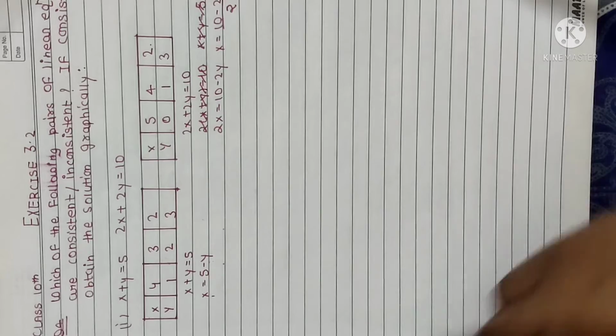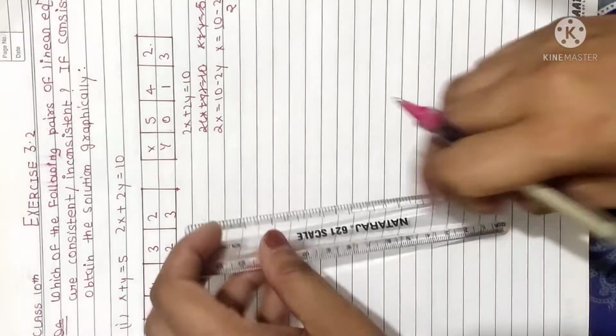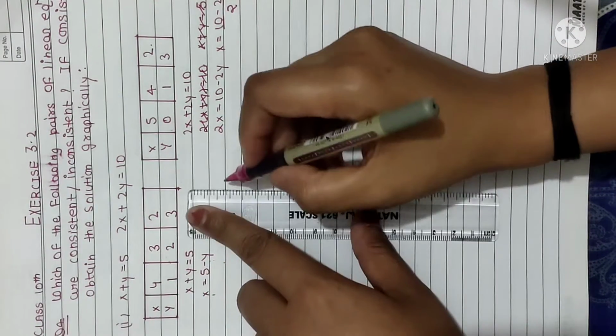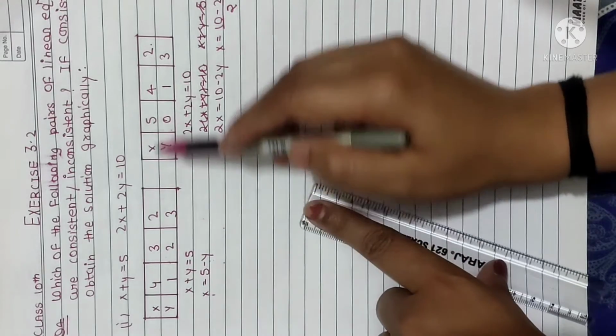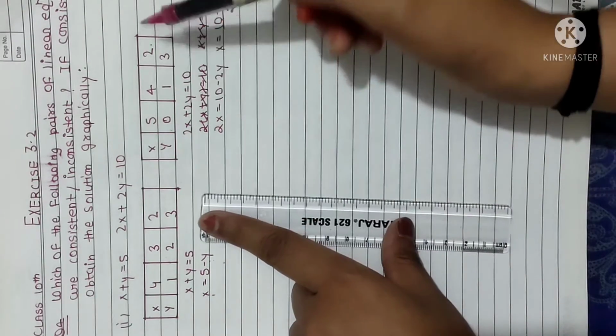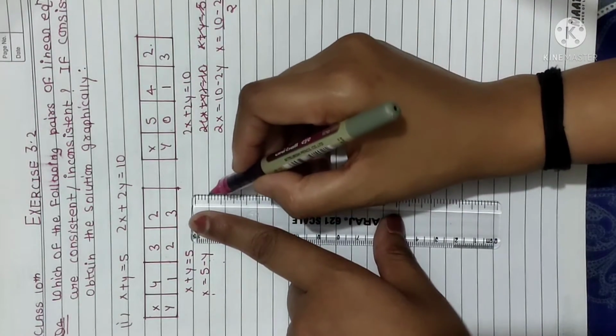Now next we have to draw a graph. x is maximum 5 and y is maximum 3.